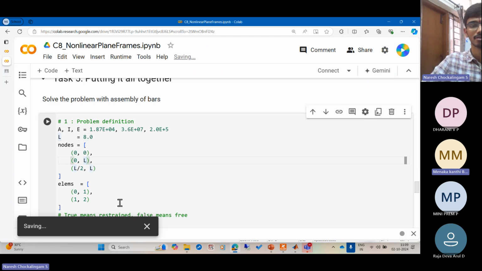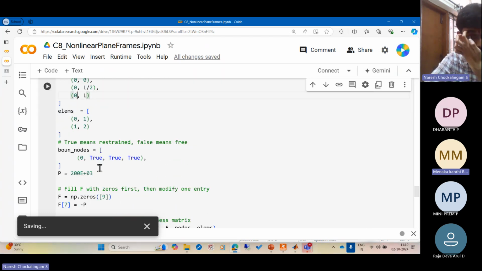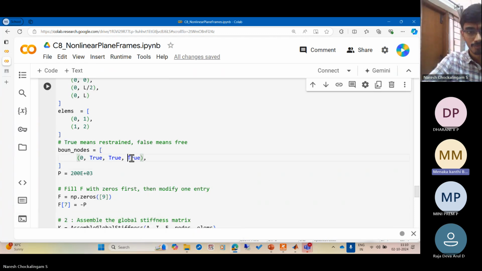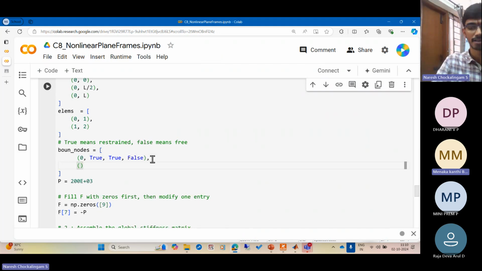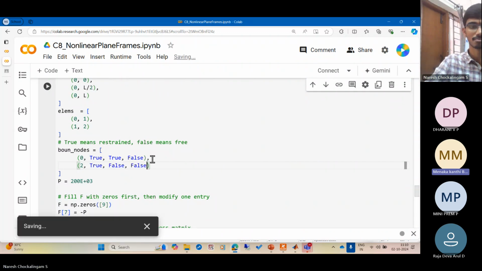So it is 0, 0, 0, L by 2, and then 0, L. LM is 0, 1, 1, 2. Bound: 0, true, true, false; true, true, false; and then at 2 we have true, false, false.